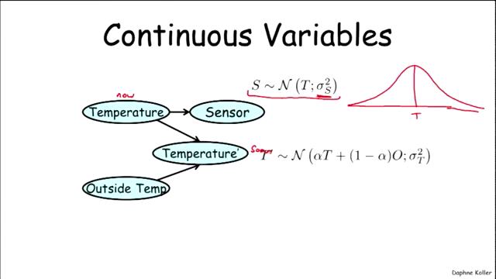Well, one model might be some kind of diffusion model, where T prime is a Gaussian around a mean that's defined as a weighted combination of the current temperature and the outside temperature. Because there's stochasticity and noise in the process, T prime isn't exactly equal to this, but rather is a Gaussian around this mean with some standard deviation sigma T, to be distinguished from the standard deviation sigma S, which was the sensor variance.